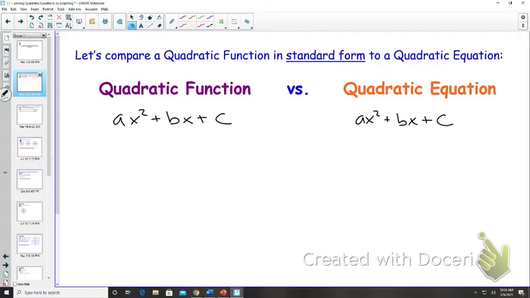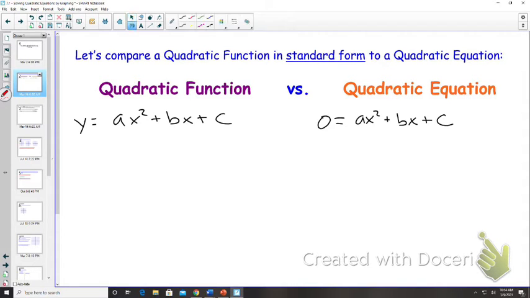Okay, the difference between a function and an equation is that a function will equal a variable and an equation is going to equal a number.